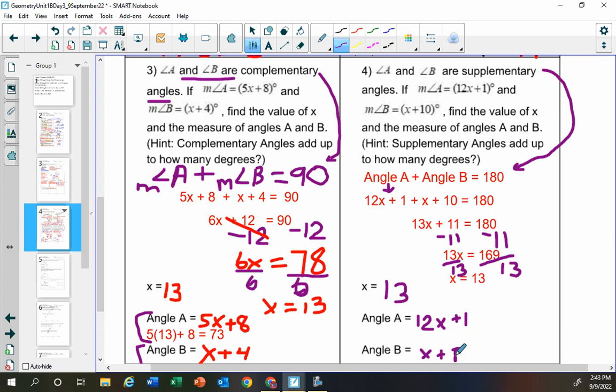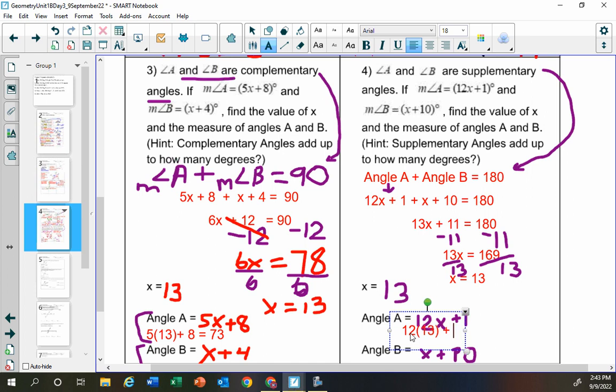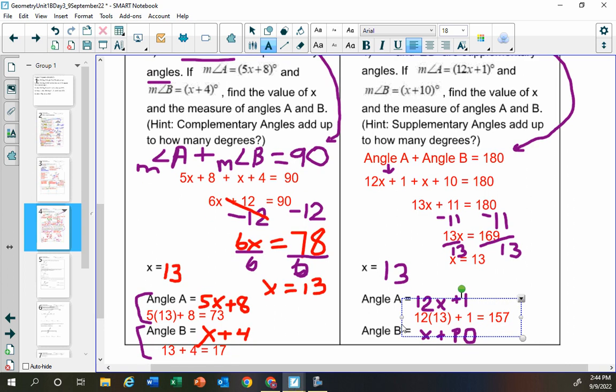Well done. All right, I'm impressed. That's good work. I'll leave this up for a minute. 157, and then 13 plus 10 equals 23. That's angle A and B in a nutshell.